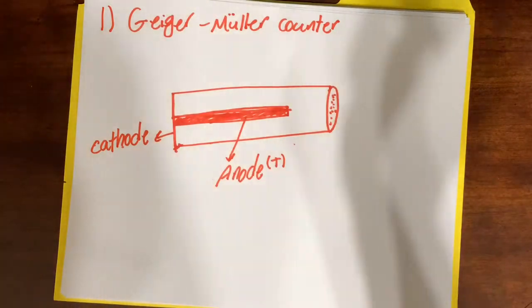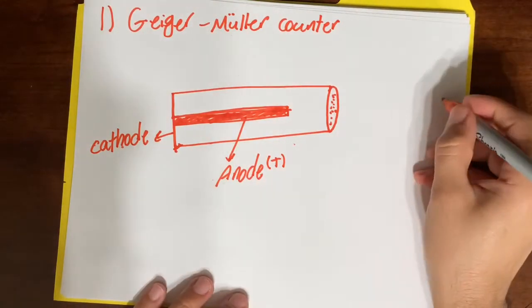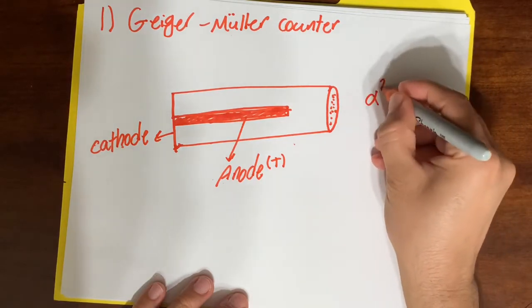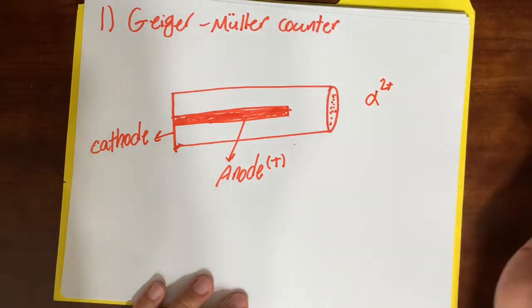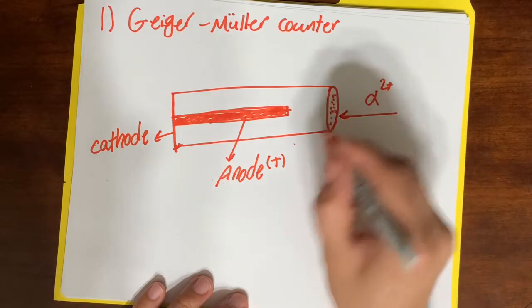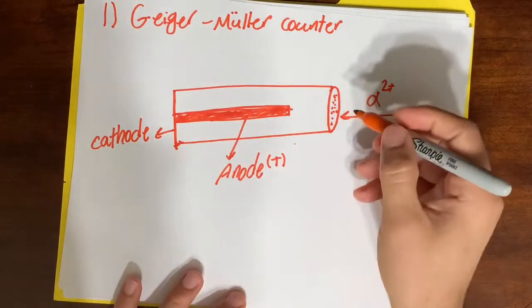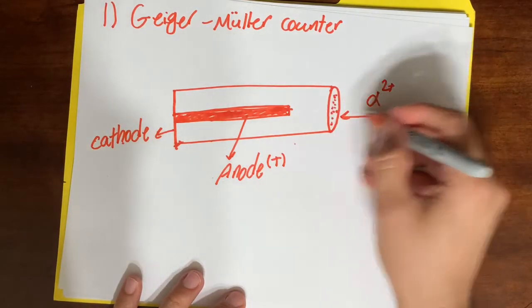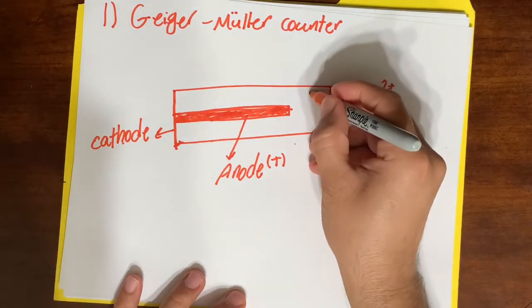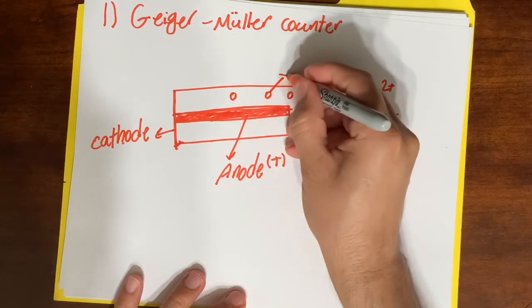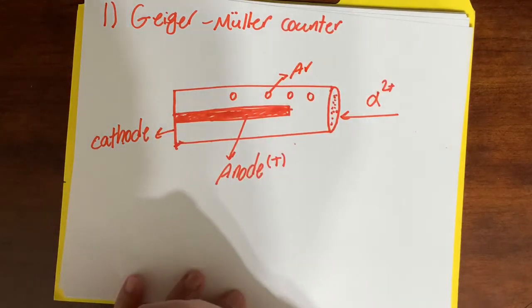So what will happen is you will have particles, let's say alpha, beta, or whatever, coming into this tube. And when they get in, they will face argon atoms.